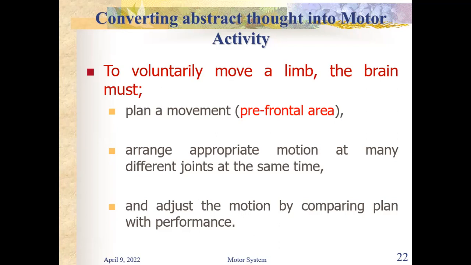Okay, so after planning, arrange appropriate motion at many different joints at the same time. That's still part of planning. And then adjust the motion by comparing plan with performance. That's when we have the cerebellum coming in. So once the cerebellum comes in, what is happening there is comparing plan with performance.